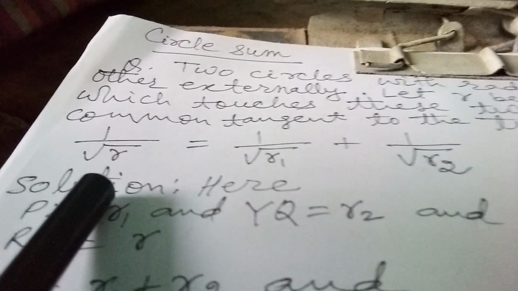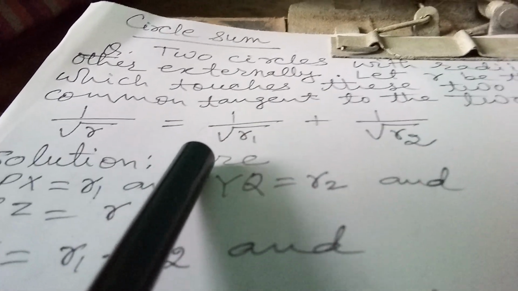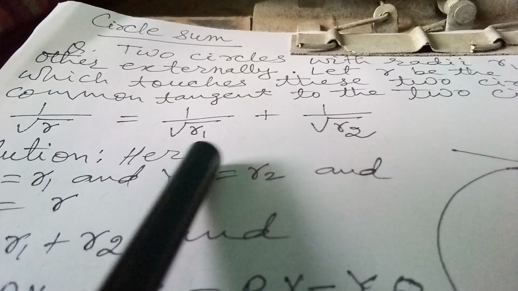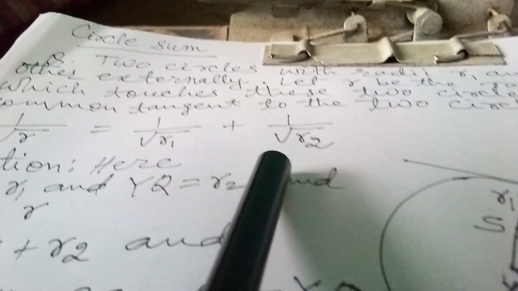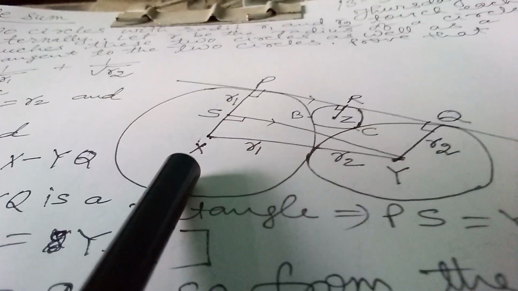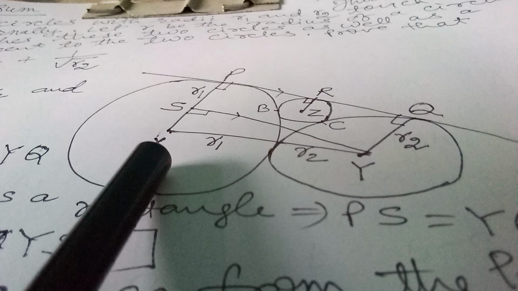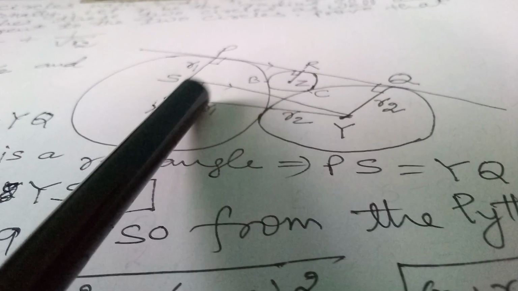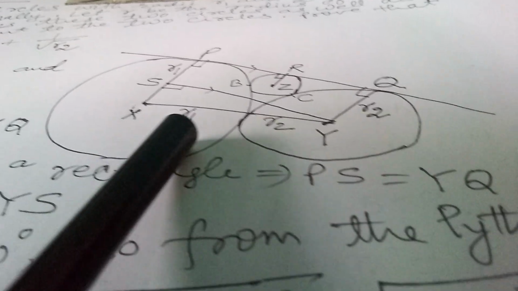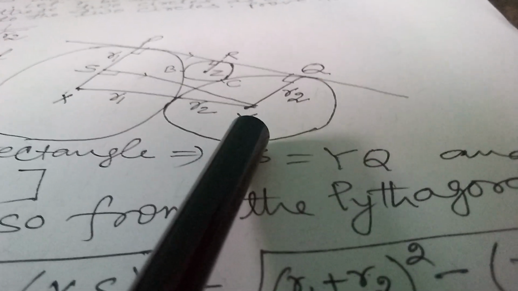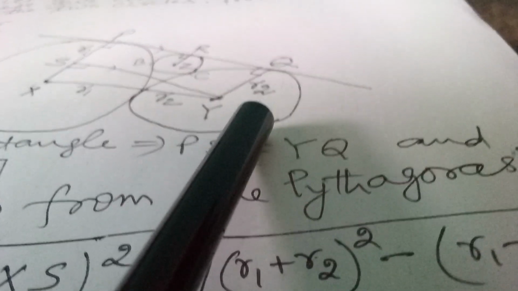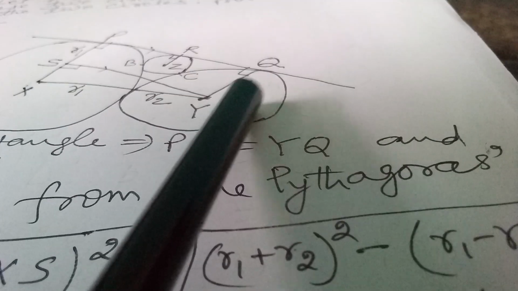1 by square root of r equals 1 by square root of r1 plus 1 by square root of r2. This is the diagram. This is the first circle in which the radius is r1, that means PX is the radius. And this is the second circle in which the radius is YQ, that is r2.